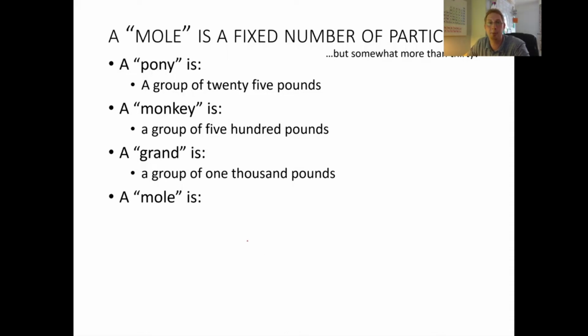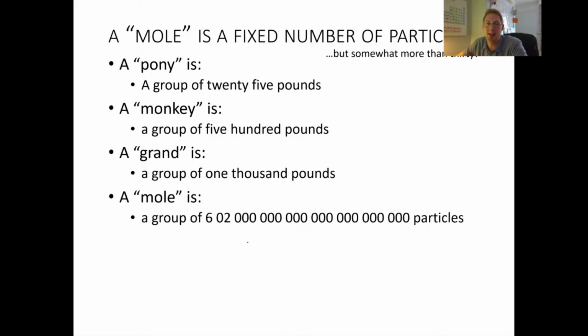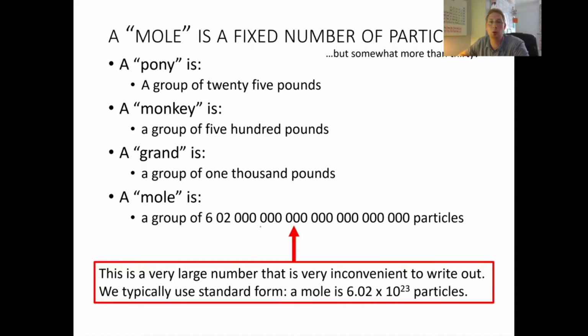Slightly easier. A mole, though, is a huge number of particles. In fact, it's such a large number that we almost always write it in standard form, 6.02 times 10 to the 23. You will use this number so much at A level that actually you will just get to know this. It is provided for you on a data sheet, but actually knowing that number is very helpful.